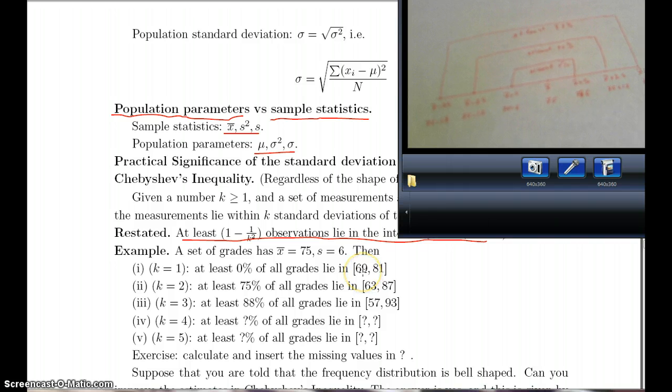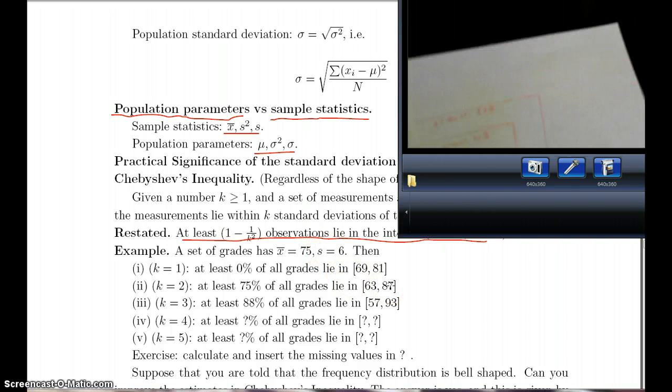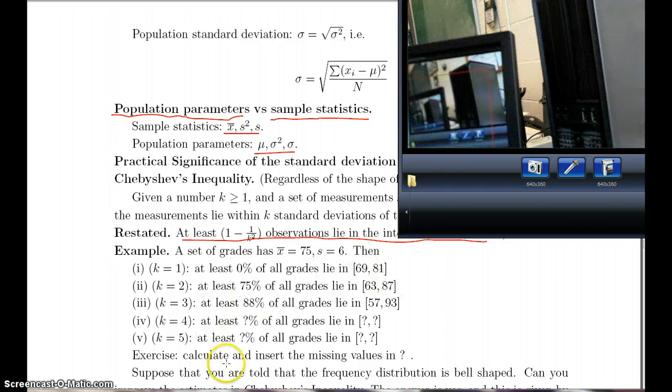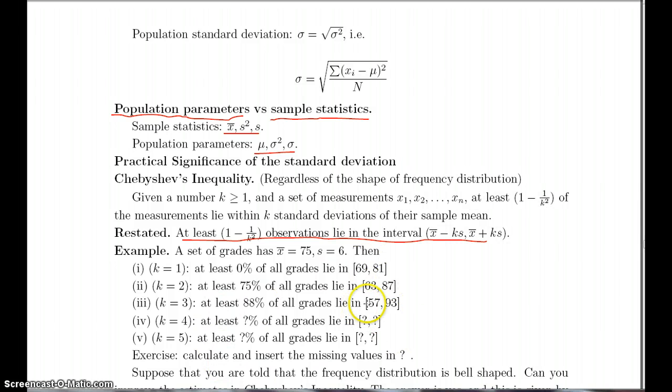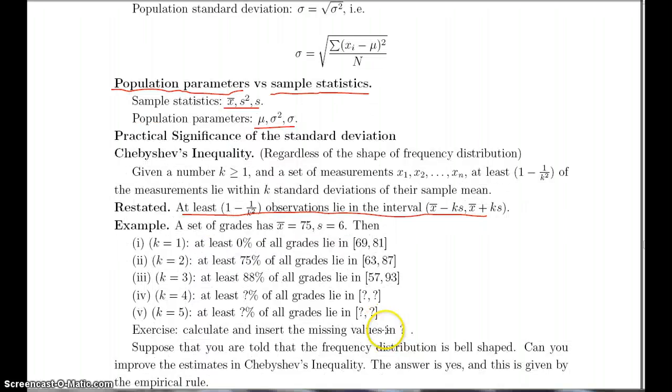So this is 75 minus 6, this is 75 plus 6, this is 75 minus 12, because I get 2 standard deviations, this is 75 plus 12, and this one here is 75 minus 18, or 3 standard deviations, and this is 75 plus 18, or 3 standard deviations.